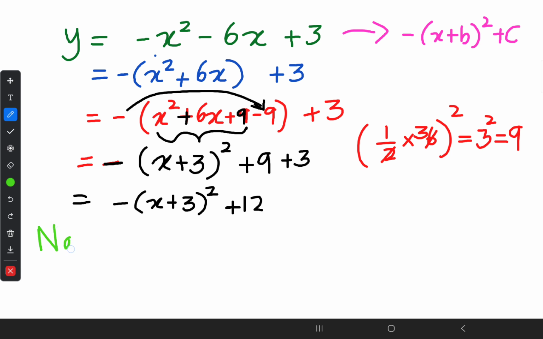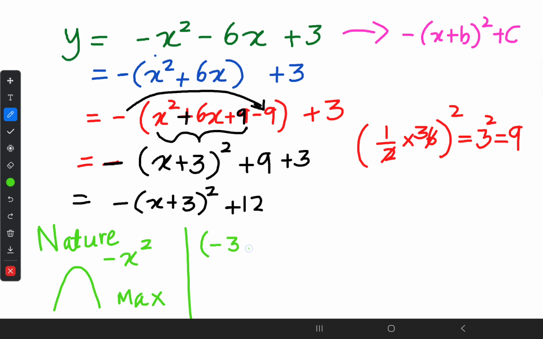The nature of the graph: since the coefficient of x square, when you expand, gives a negative number, it should be a maximum graph. Thereafter, the coordinates of the turning point: take the opposite sign of the number next to x. Since it is positive, the opposite is negative 3, so the turning point is (negative 3, 12).